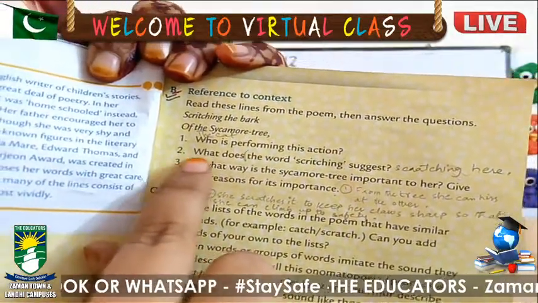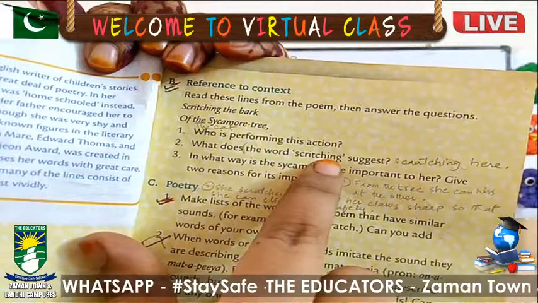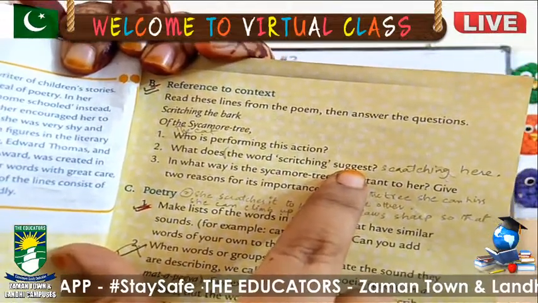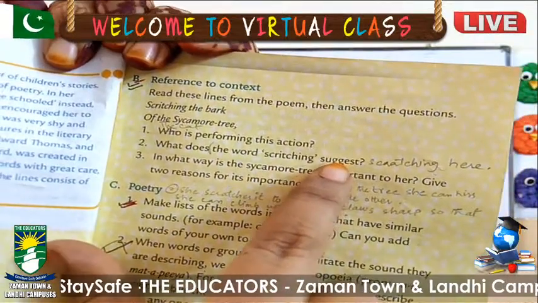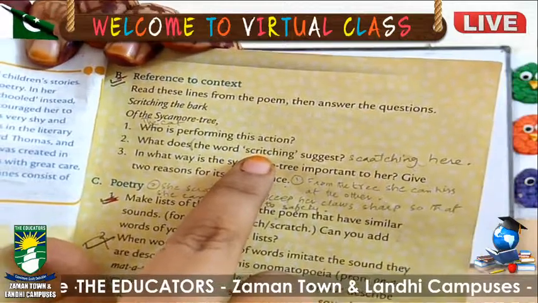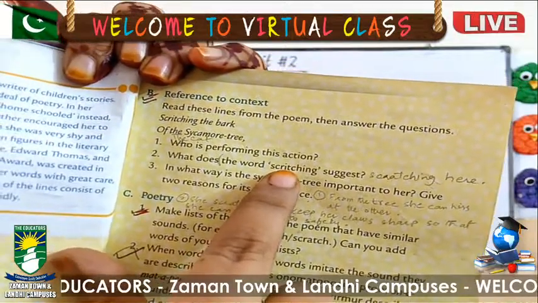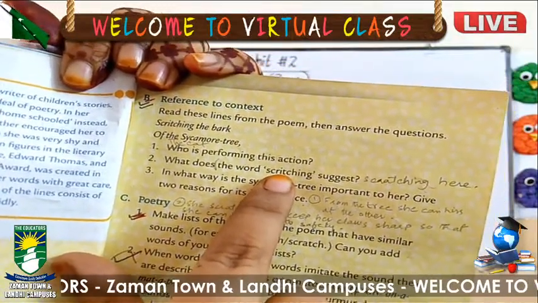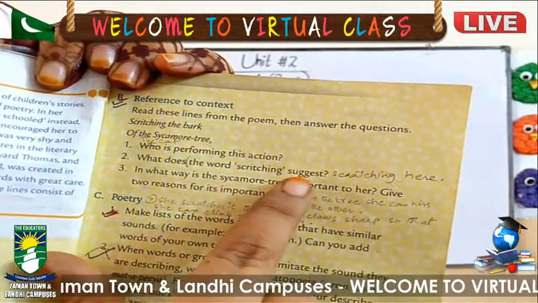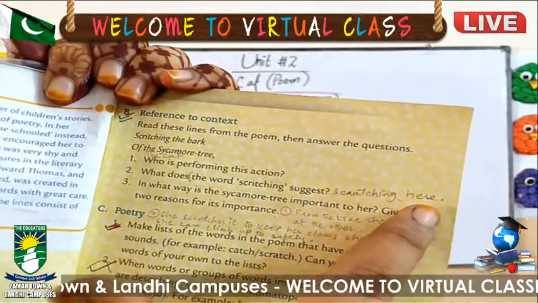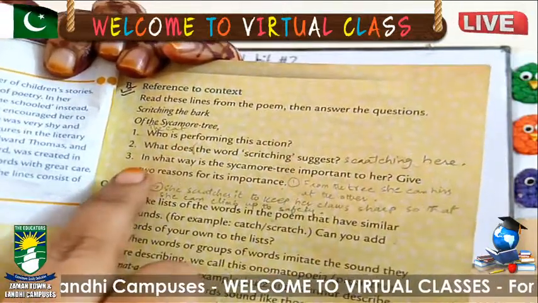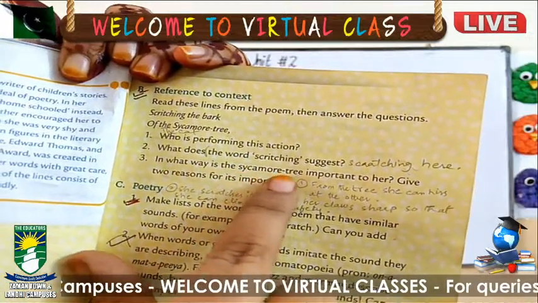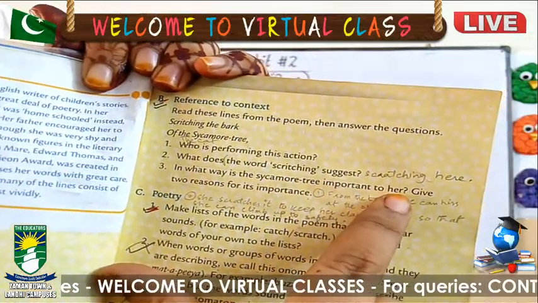Question number 2 is what? What does the word scratching suggest? As we have picked these words in the sounds, it is defining what? Scratching. So the word scratching suggests scratching here. Number 3, in what way is the sycamore tree important to her?